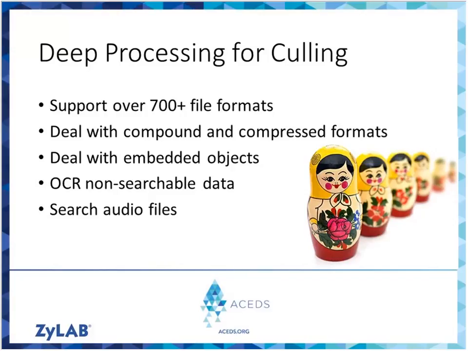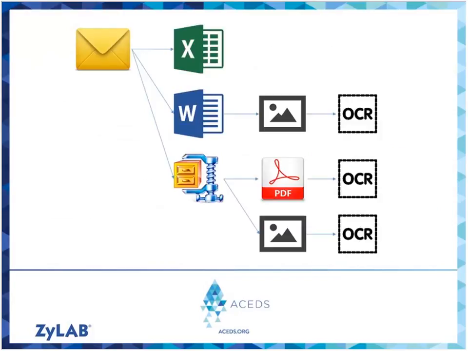So if you have an email and an attachment, or you have an Excel file in a PowerPoint file, or a bitmap in a PowerPoint file, we will make every individual component searchable. We'll deal with all of the embedded objects, and if they're not searchable, we'll make them searchable by either using OCR for 200 or 300 languages, including automatic language detection, or we will make audio files searchable, so you can also search on the sound component of the video.